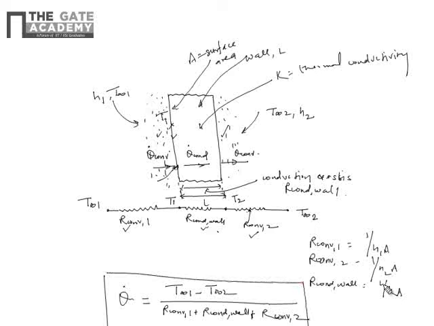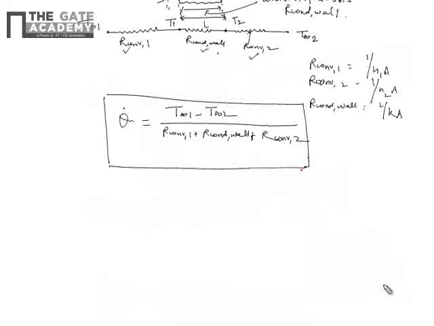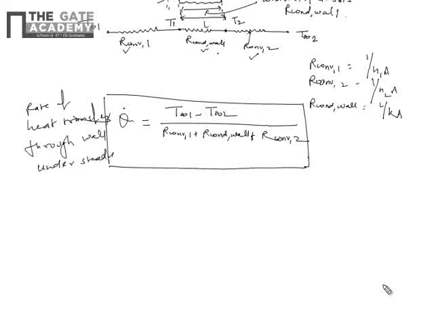So this is the amount of heat that is flowing through the wall. Rate of heat transfer through wall under steady state, right?